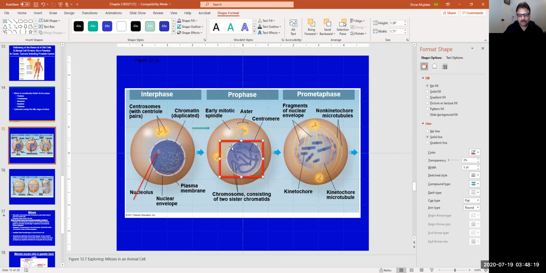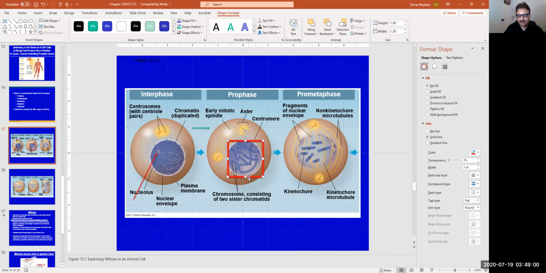They are moving towards opposite ends, opposite poles, like north pole and south pole. And also there are fibers being formed. These are called spindle fibers. They are proteinaceous in nature, and you'll see what they do. So centrioles, which were localized here in interphase, move to the south pole and north pole. In prophase, they begin to move, and there's formation of spindle fibers, just like sun rays.